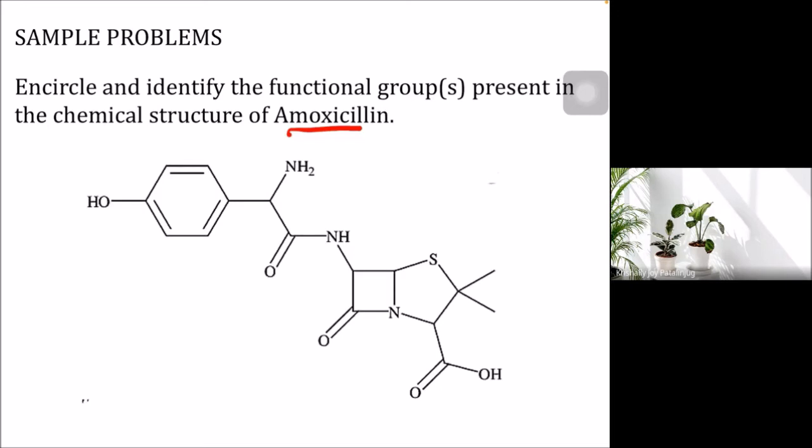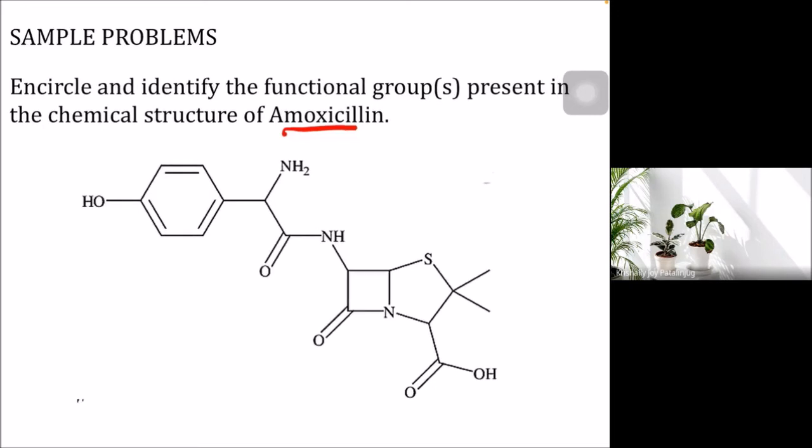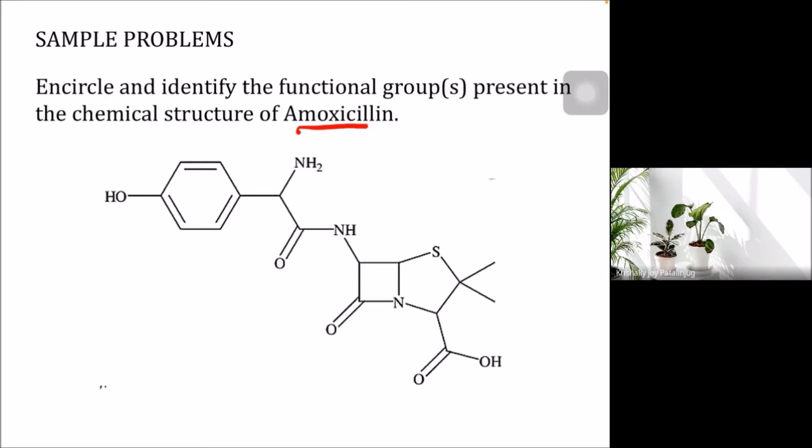I will be highlighting portions of the structure, and your task is to type in or turn on your audio to answer what functional group is being encircled. Let's start with this portion of amoxicillin, OH. What do you think is this functional group?